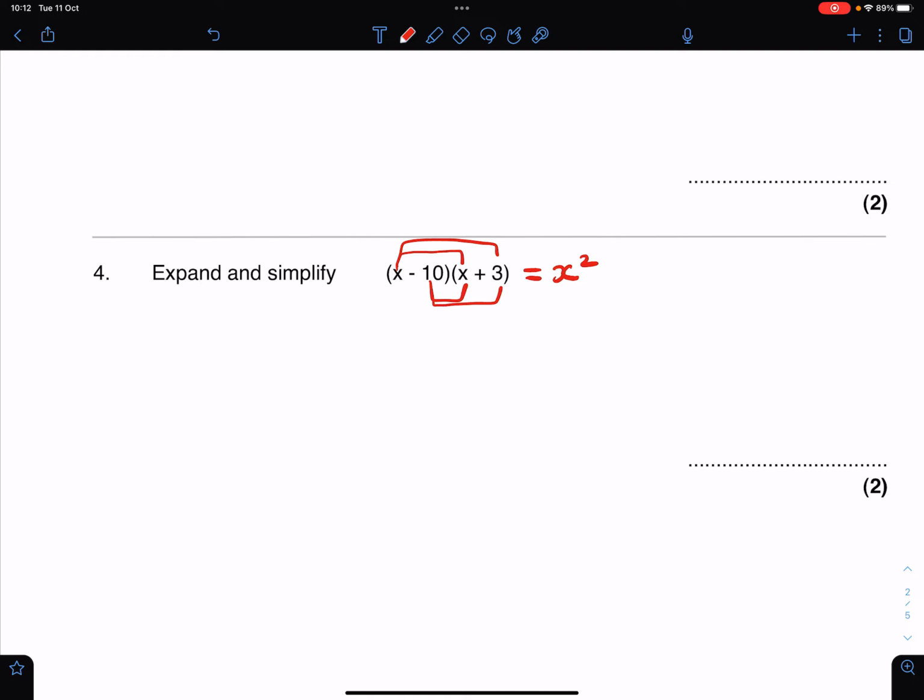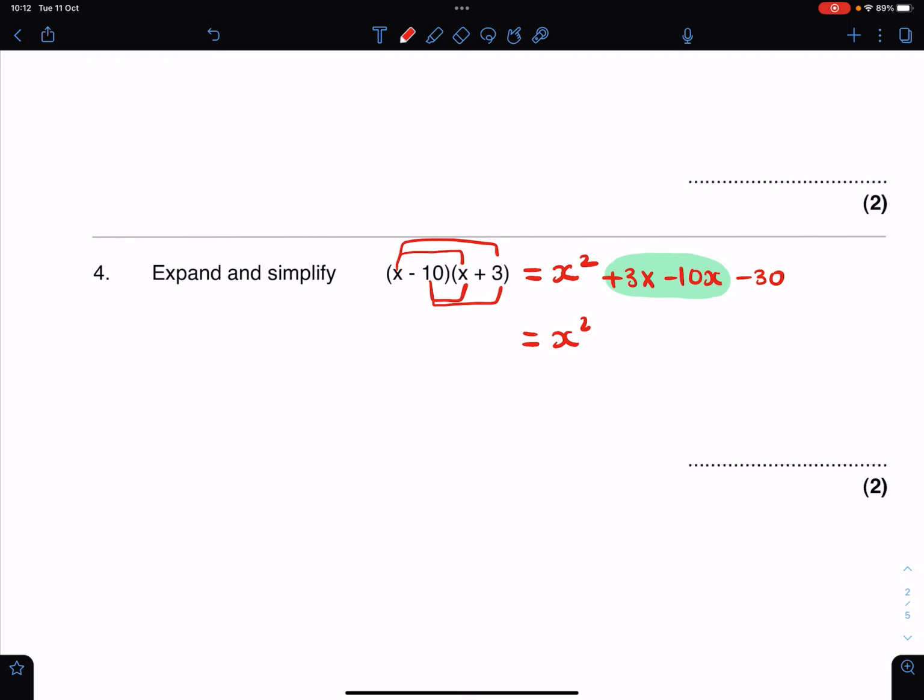So what is x times 3? 3x. Plus 3x. Negative 10 times x? Negative 10x. Negative 10 times 3? Negative 30. Okay, so x squared. I know I'm going to simplify the terms in the middle, 3x and negative 10x.